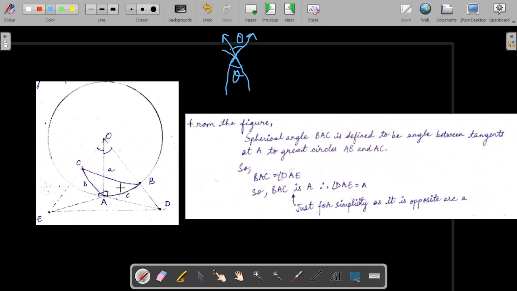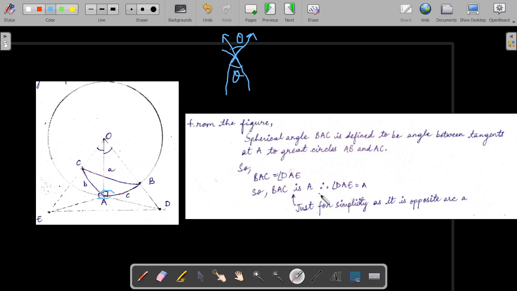A is the intersection, if you can assume. Then the spherical angle CAB would be equal to this angle, which is DAE.